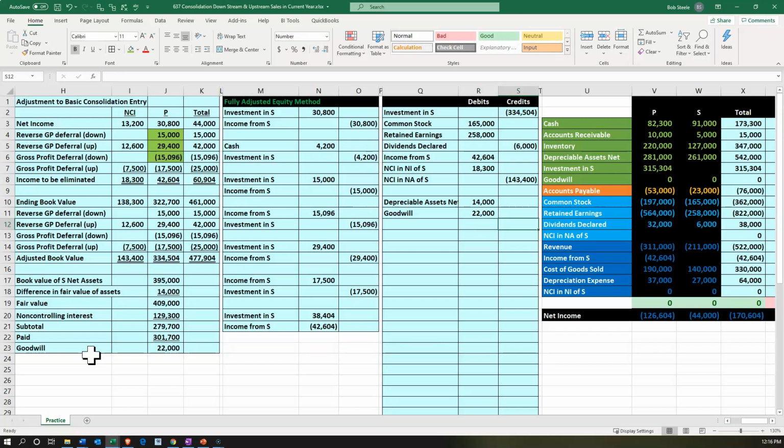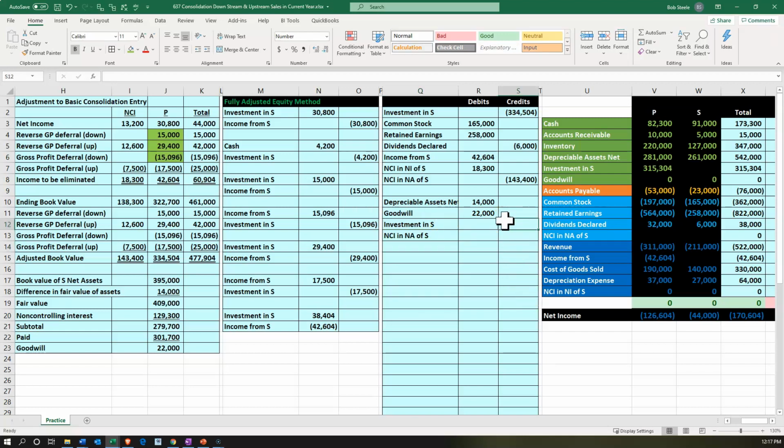And then these are two basically balance sheet type of accounts. So we're going to break them out between the two balance sheet accounts for P and S. One, the investment account for P, because it's been recorded already in the equity method, and the other being the non-controlling interest for the balance sheet side of things, which is the NCI for the NA, the net assets, rather than the net income NCI.